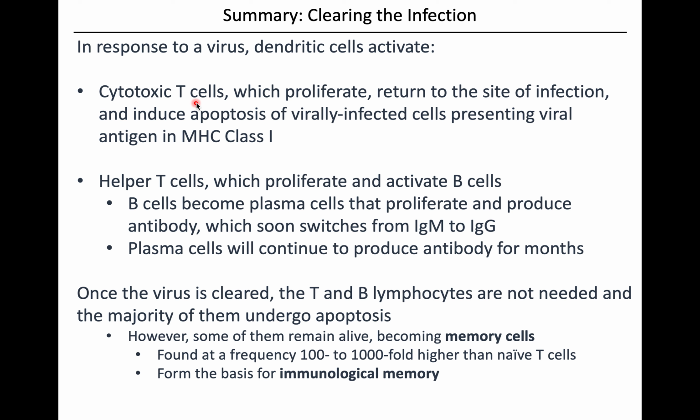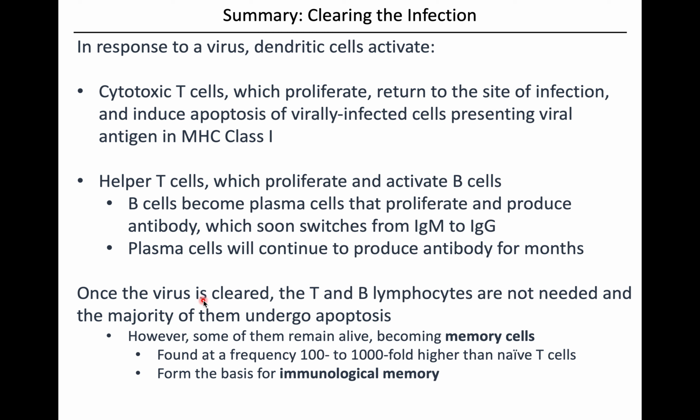Those dendritic cells can also activate helper T cells with MHC class 2. Those helper T cells can in turn activate B cells, which begin producing antibodies and become plasma cells. Antibody progresses from IgM to IgG, and those plasma cells can crank out antibody for weeks or months.